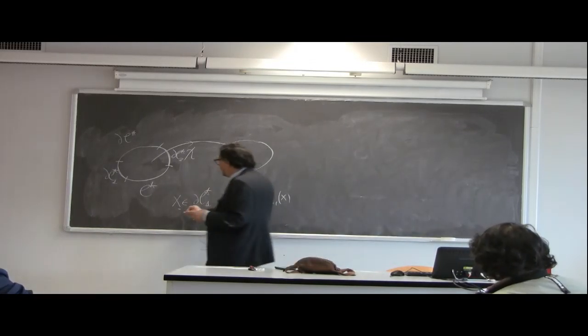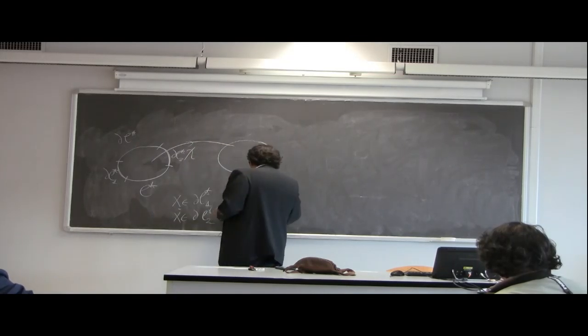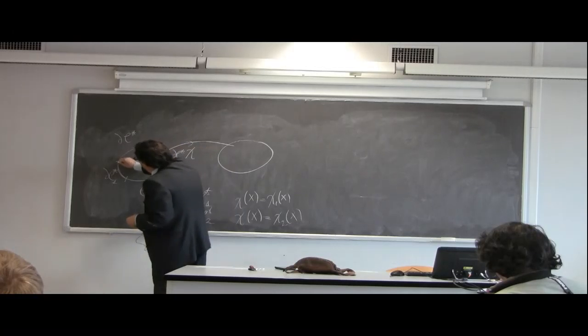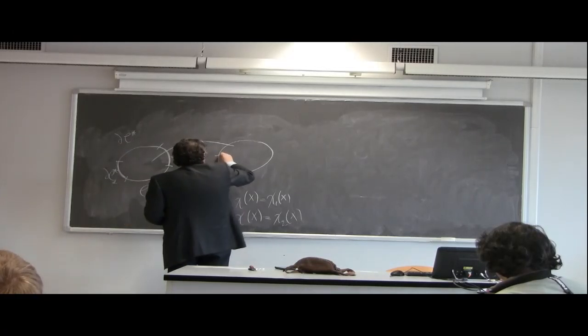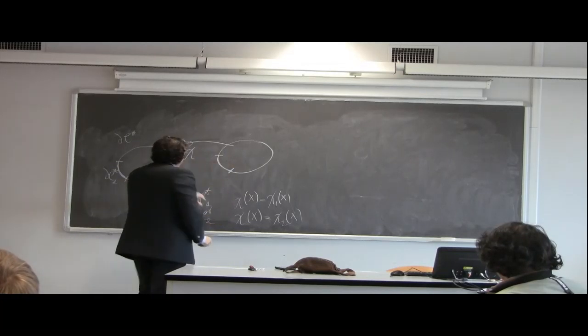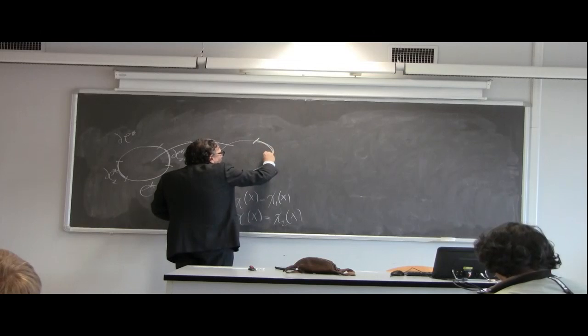And if x belongs to ∂C star 2, K(x) is equal to K2 of x. So I take this part of the boundary and I tell you stay here, and I take this other part and I tell you stay here.